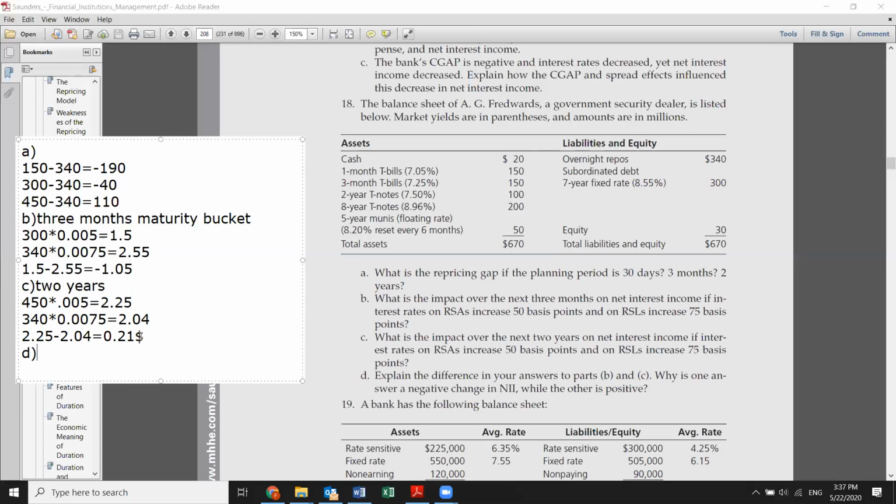So guys, whenever the interest rate changes, actually two effects take place. The first one is the cumulative gap, the other one is spread. Explaining the results of B and C, look, the questions are the same: 50 basis points, 50 basis points, 75, exactly the same, but the change in net interest income is different.